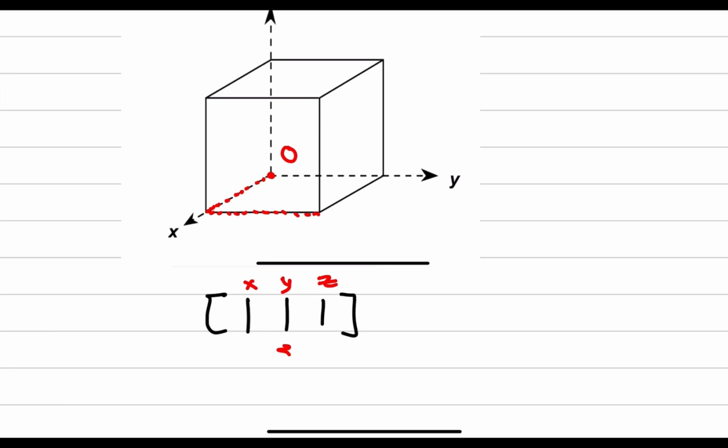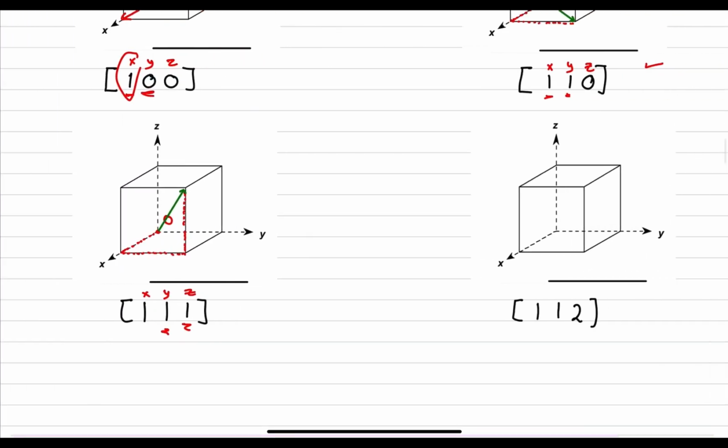Then we will move upward, because z is 1. So this is the original point, and we reach this point here. We connect these 2 points by drawing an arrow like this, and this is the final answer.